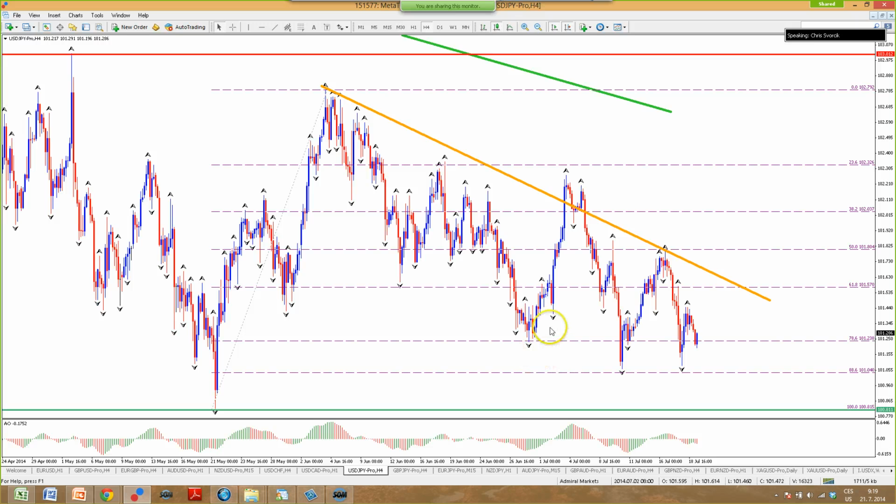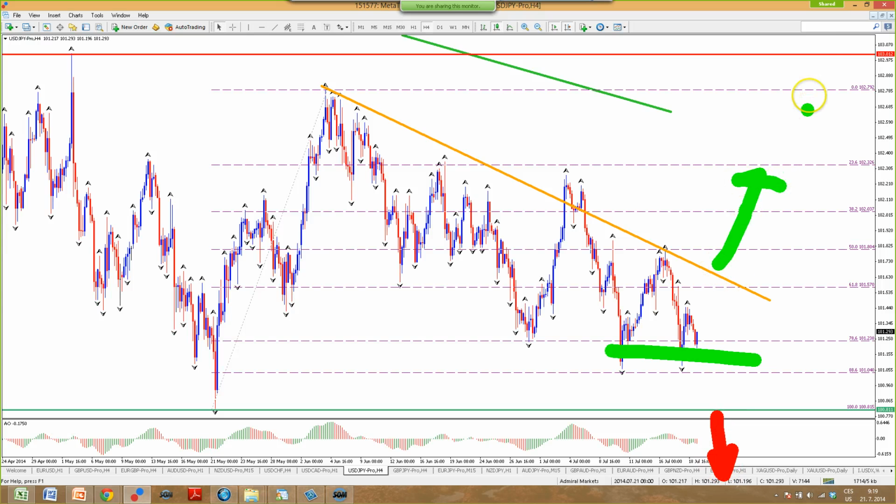Time will tell. At the moment, it's just big consolidation, and it's good to keep an eye on potential bounces here, potential breaks here. Be careful of those breaks though, and potential breaks here and here, and maybe bounces again at resistances. But overall, it's a difficult environment.